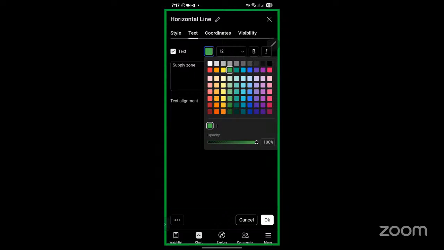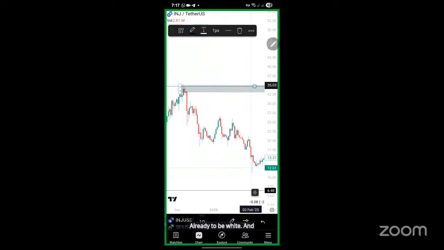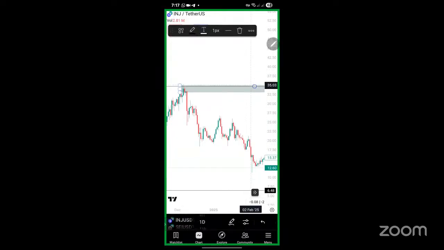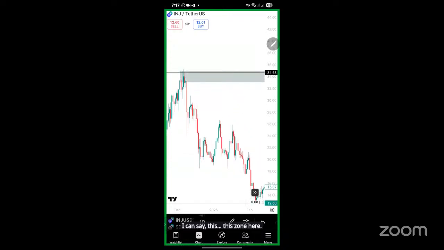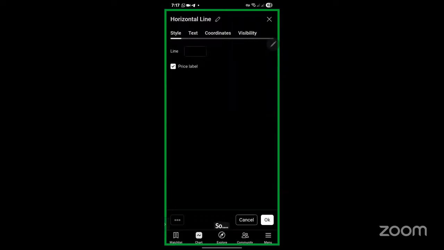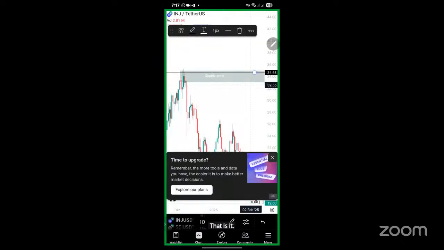You can decide to change the color and set it to be red, or let it be white. And I say okay. So you can see the supply zone is like that.